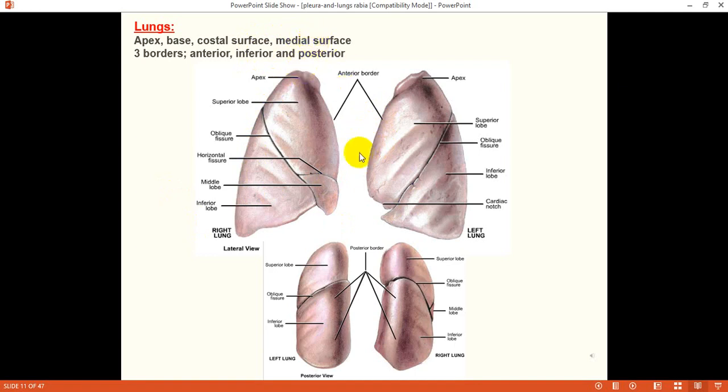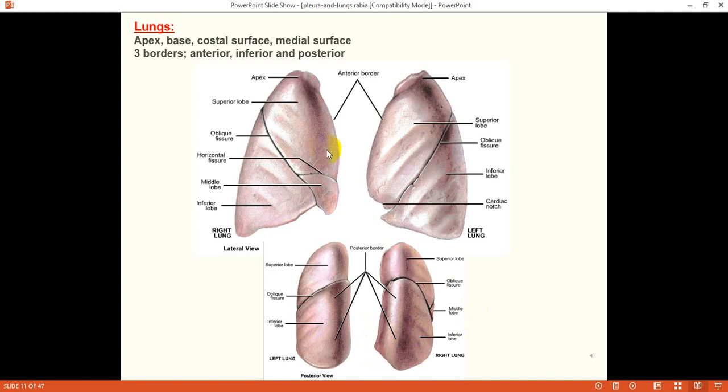The borders of the lungs are three: anterior border extending from apex to the inferior border. Inferior border is outlining the inferior surface or base of the lung, and posterior border is close to the paravertebral region, and it is starting from the apex extending up to the inferior border.